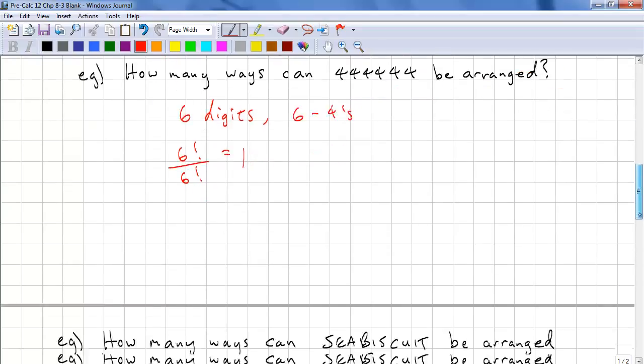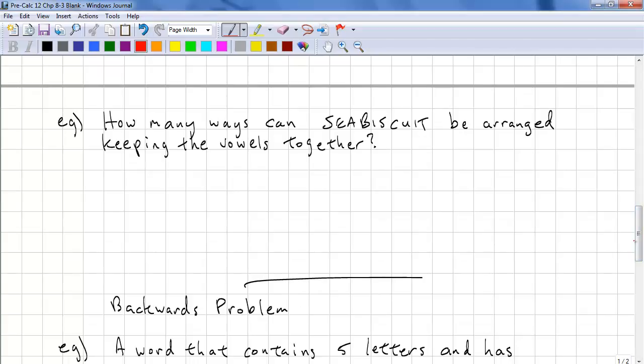Let's look at a slightly harder problem. How many ways can Seabiscuit be arranged keeping the vowels together? Okay, we have 5 vowels. We have 5 consonants. So, if we treat the 5 vowels as a letter, we would have 6 letters, because the vowels have to be all kept together.